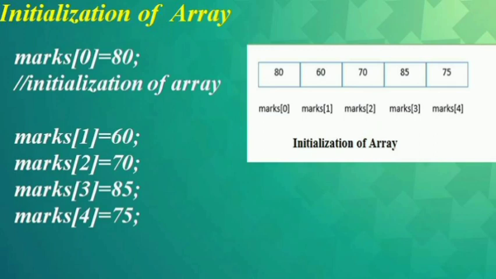The mark 80 is the value that is stored in the 0th position, that is the initial position. Then 80 is stored in marks[0]. Then 60 is stored in marks[1]. Then 70 is stored in marks[2]. 85 is stored in marks[3]. Now the 75 mark is stored in marks[4]. This is about initialization of array.